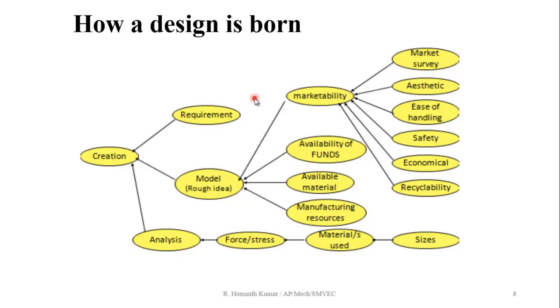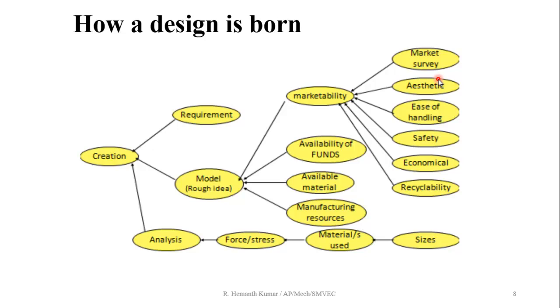In this slide you can see how a design is born. We first have to get market surveys or information from already existing product users. Along with various requirements from them, various concepts like recyclability of that particular product have to be factored in to design any machine or component.